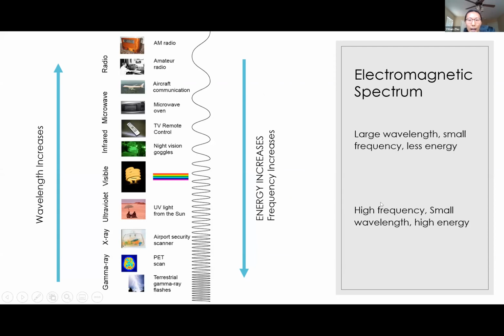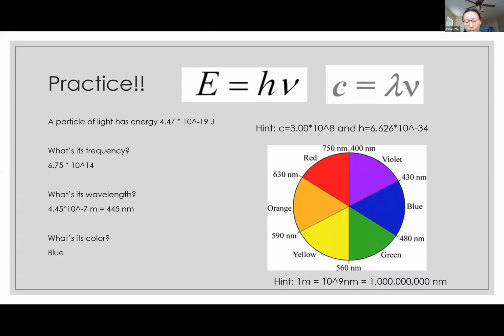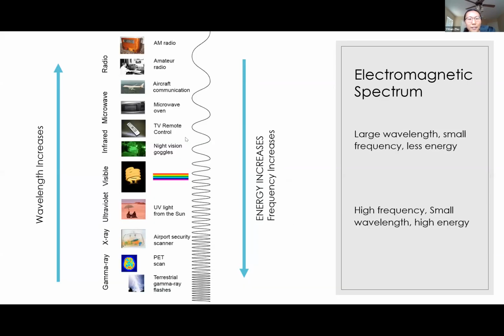As you go down the electromagnetic spectrum, you get into microwaves and infrared waves, and their frequency and their energy start increasing. You also saw in E equals Planck's constant times the frequency that as the frequency increases, the energy also increases. So as you go down this chart, your energy and frequency increase.